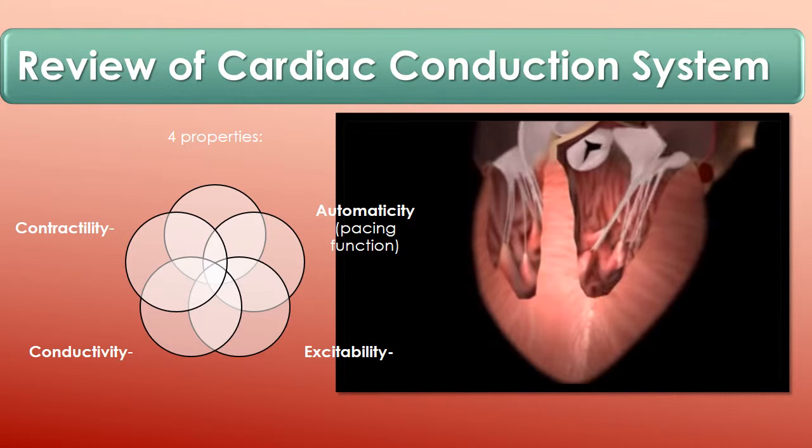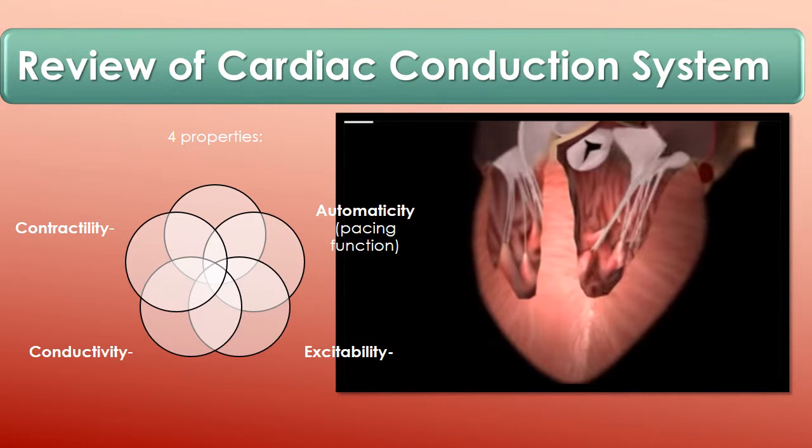Cardiac muscles, we talked about them being excitable. So the non-pacer function cells are able to respond to the electrical impulse that's coming to them and get excited to depolarize. Depolarization means that they're normally negatively charged cells, but they become positively charged once they have been excited.